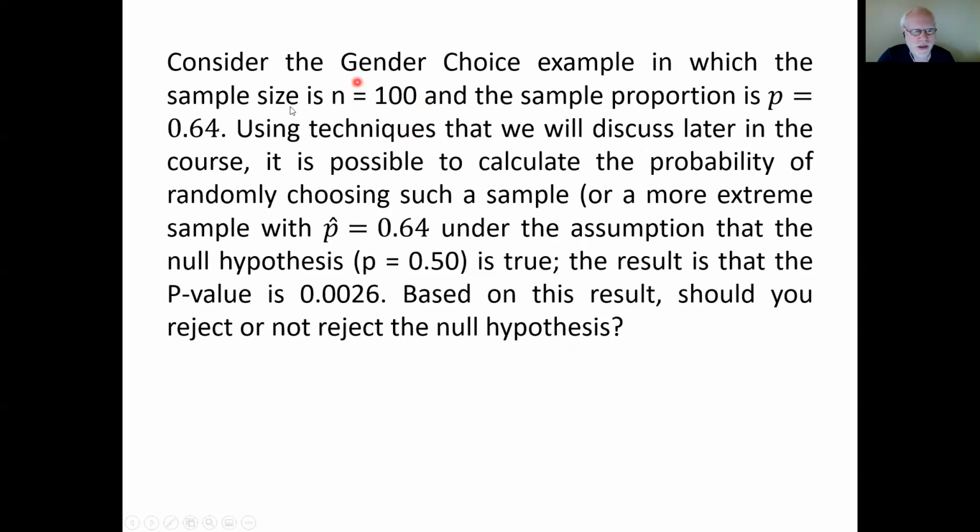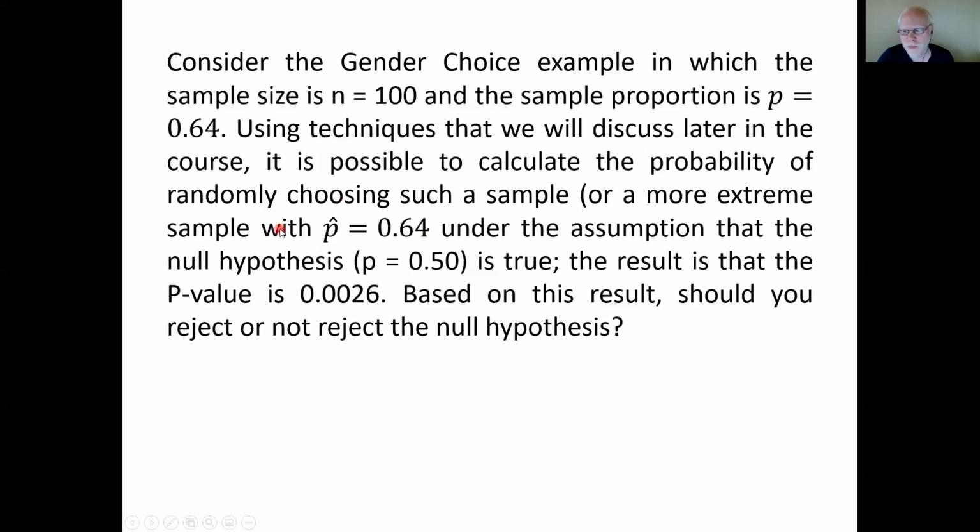Right, so we've got n equal to 100. We've got the sample proportion of 0.64 that we found. Today we're not going to be calculating the p-values, so I'm just going to tell you that if you make the null hypothesis assumption, then this just becomes one sample.